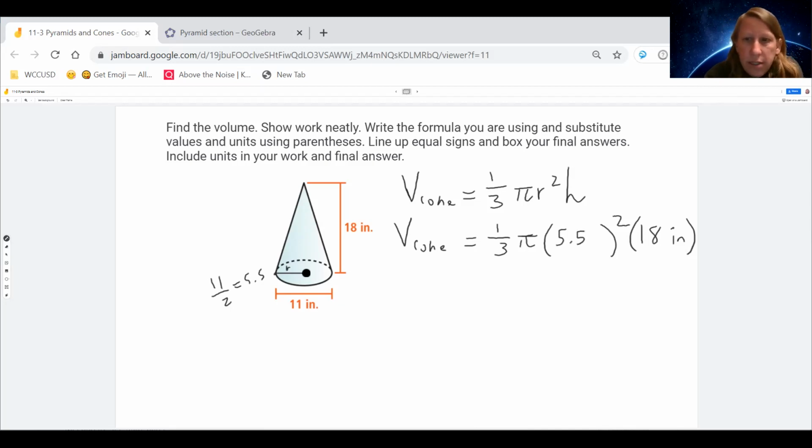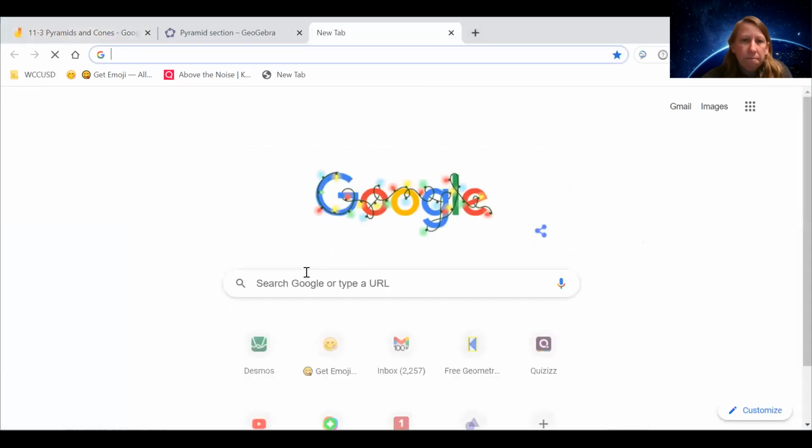And that is inches. All right, now for this one, I think I'm going to use the calculator, because I'm already squaring this. So let's just be slightly lazy and type some stuff into a Desmos calculator.